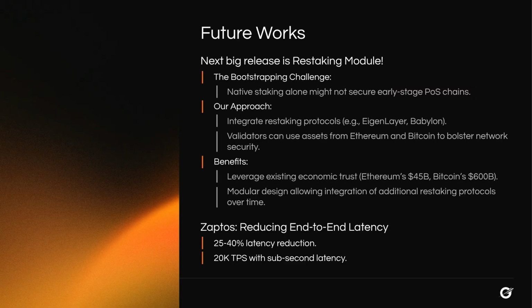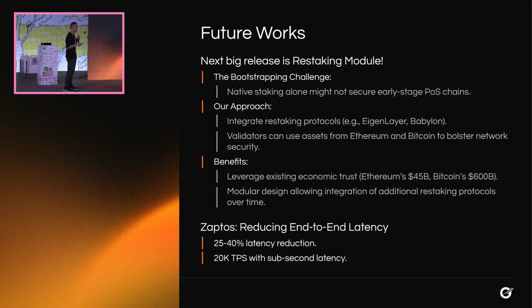Our next big release is about the restaking module. Remember, initially we thought we wanted to build a proof of stake blockchain. And one concern we always had is that most proof of stake blockchains ask you to stake their own native token. I know this was kind of operated in a lending model or whatever, but we think it's not ideal.